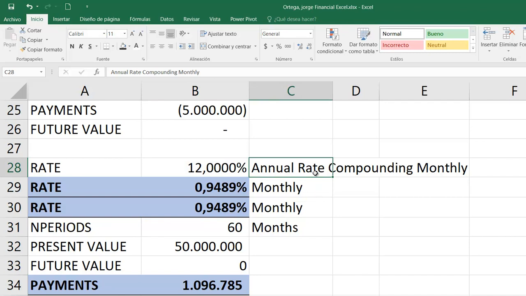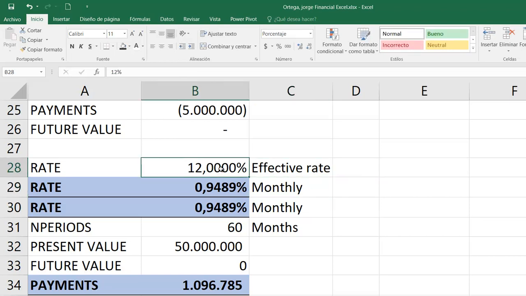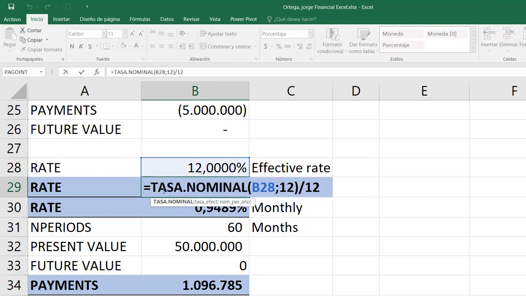I should not have this type. Here is the effective rate. The effective rate of 12%, we cannot divide it by 12. So we need to use this formula, NOMINAL, and here you are asked the effective rate, which is 12%. And here 12 means there are 12 months in a year. And then in the end, you divide it by 12 so you can get the monthly.